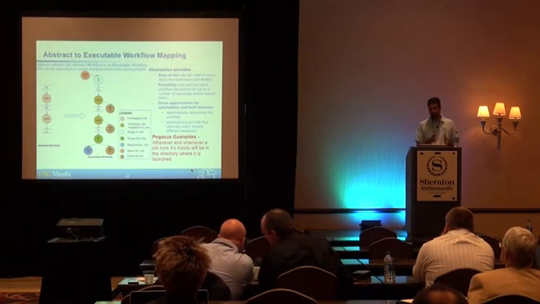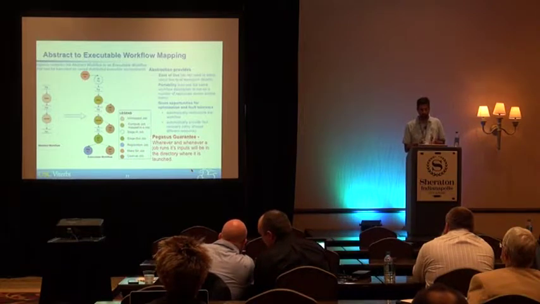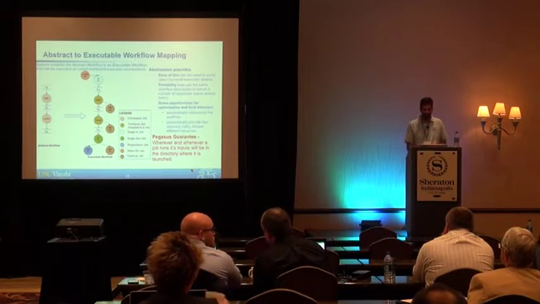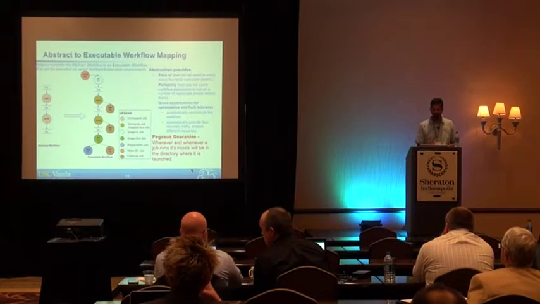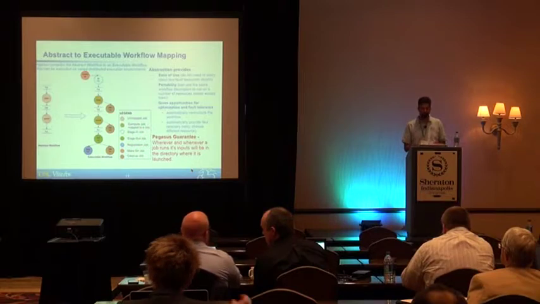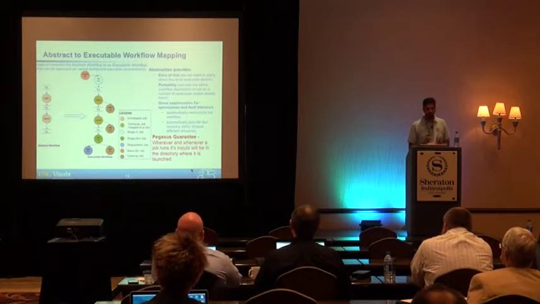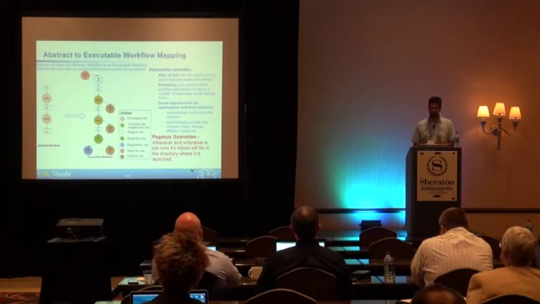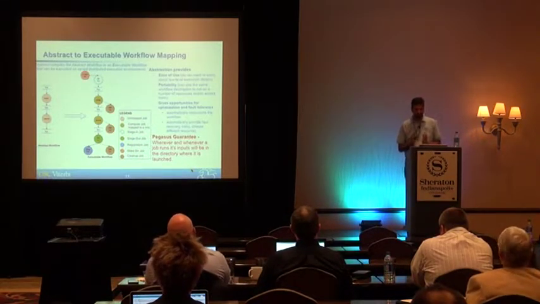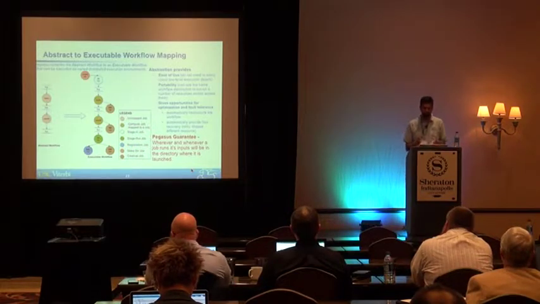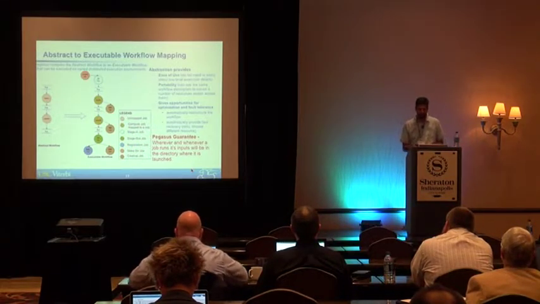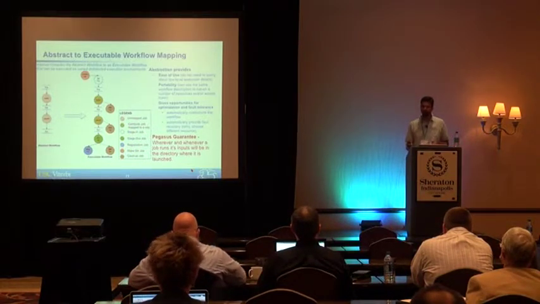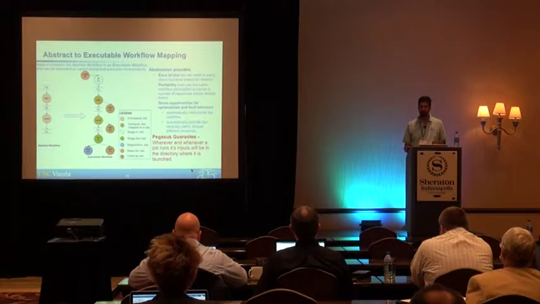This description of this compilation phase gives us opportunities for optimization and fault tolerance. So we can automatically restructure the workflow and provide fault recovery, for example, retries in case of failures. On the data management aspect, one of the most important guarantees which Pegasus gives to the developers is that irrespective of wherever or whenever your job executes, its inputs as described in the abstract workflow description will be made available in the directory in which the job is launched.